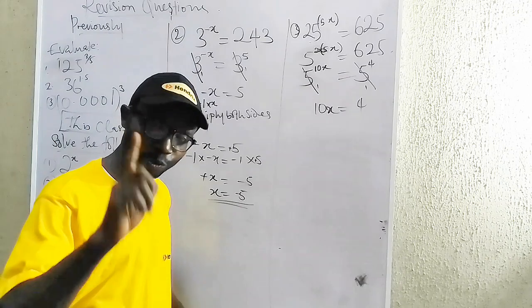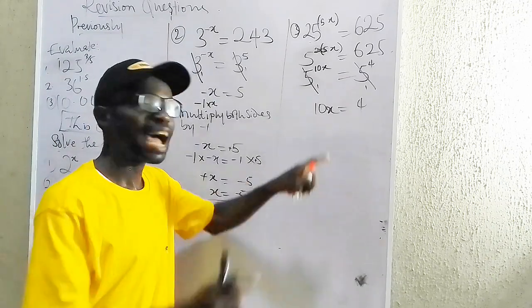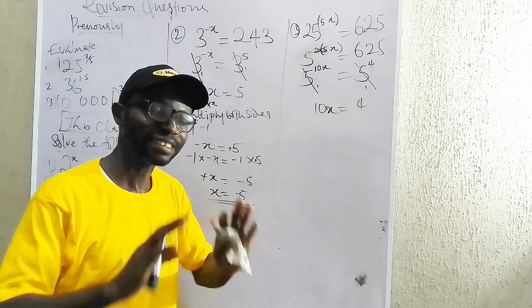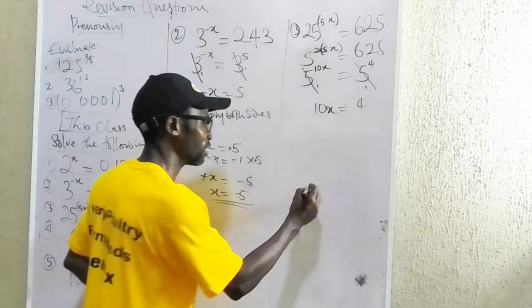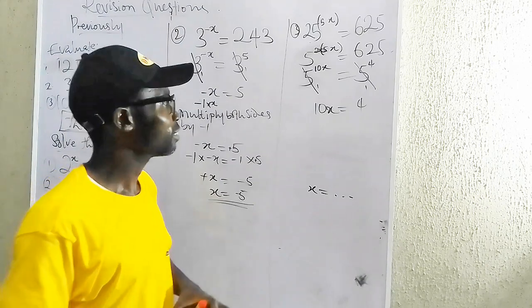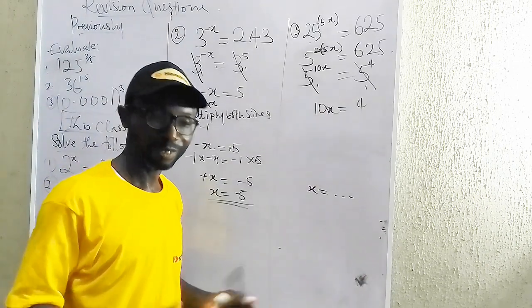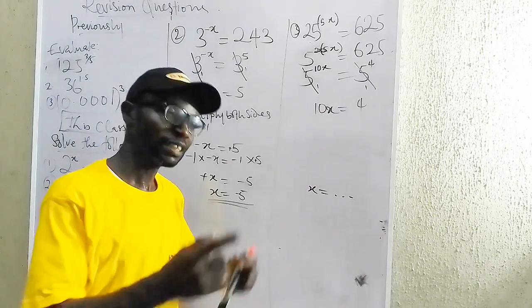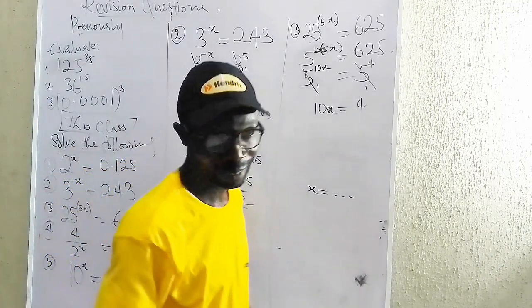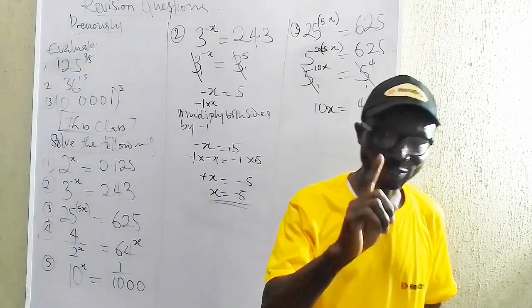So what do you do to take 2 away from x? So 2 will leave x alone, and x will stand alone as x equals to dash. Since the relationship is a multiplication relationship, what you do is the opposite of multiplication. What's the opposite of multiplication? Division. You get it right.